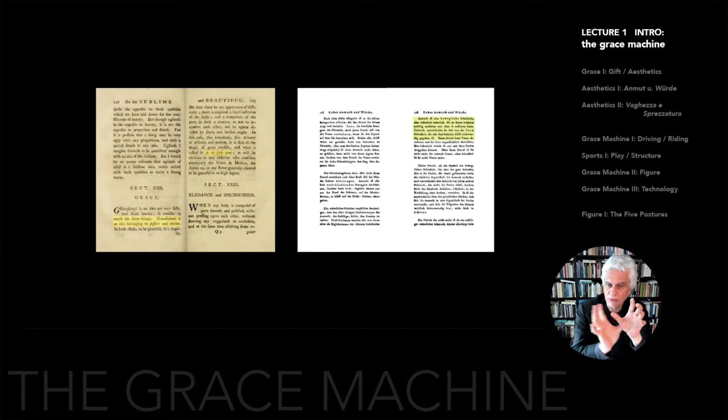And of course, that's why at a certain point Schiller starts to talk about play, the Spieltrieb, the drive to play. It's not just a pure expression of freedom, because he talks about the architectonic frame of the human body.